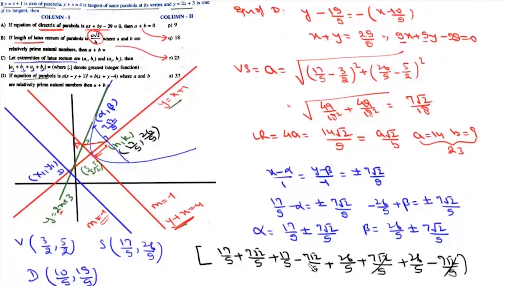So 7 root 2 by 9 will cancel. Here it will also cancel. So we'll get this value as 34 by 9 plus 52 by 9, which is 86 by 9. 86 by 9 is 9 point something, so its greatest integer function value is 9. So that means this value is mapped to P.